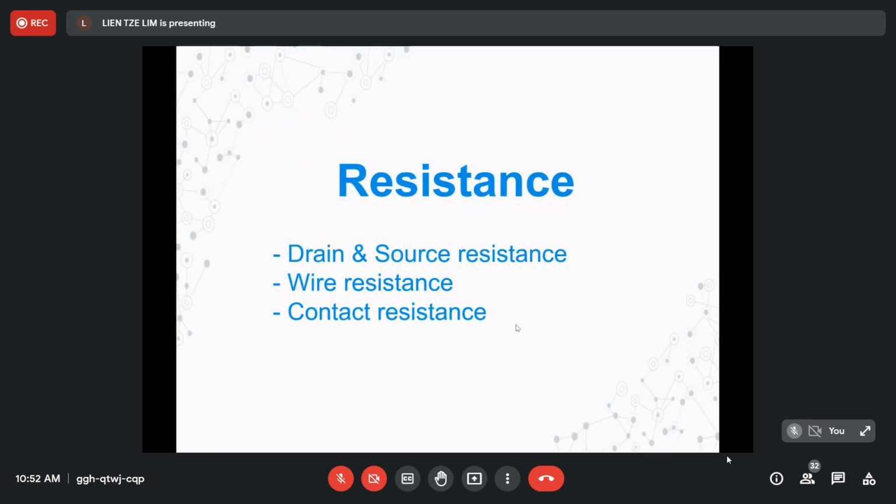Resistance here, there are different sources of resistance. As you all know, the transistor has drain and source terminals, and also wires and contacts. All of these cause resistance, and they will be mentioned one by one.